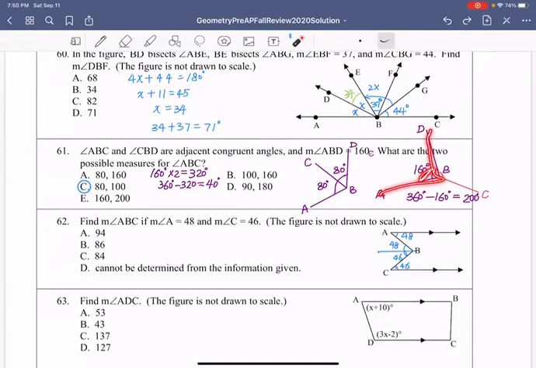This satisfies it. I didn't say that C has to be in this direction. C could also be in the other direction, right? If C is in the other direction, you see, this is 160. This is on the opposite direction, so this is 200. These two pieces are equal, so 200 over 2 is 100. Make sense? Okay, very good.